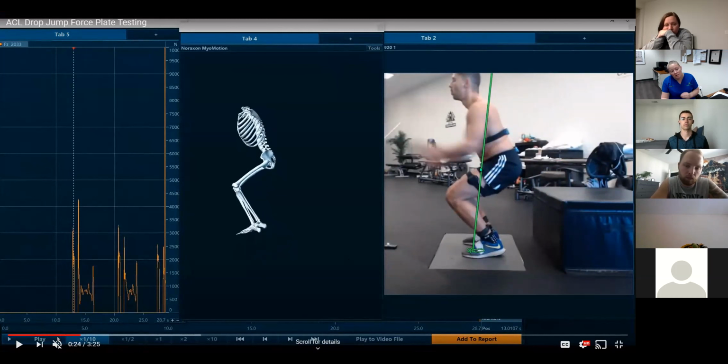So based on what we know about ground reaction forces, what moment do you think is occurring at the knee? What do you guys think? Flexion or extension? Flexion.